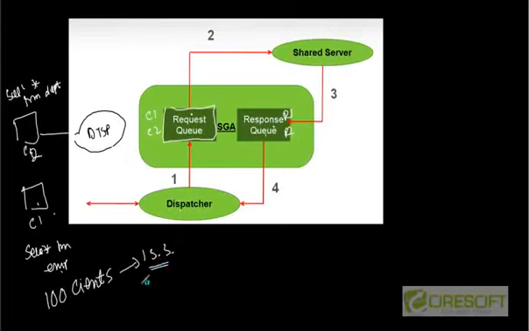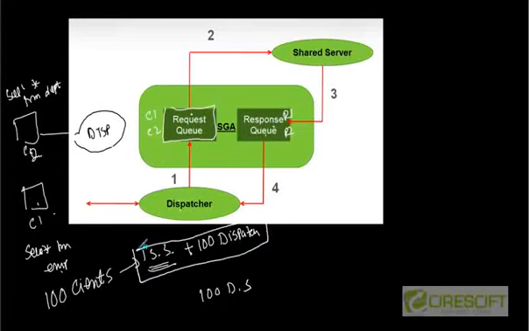What I'm saying is that had I run this in dedicated server mode, I would have 100 dedicated servers, and 100 dedicated servers is too much compared to just one shared server plus 100 dispatcher processes plus one data structure like a queue. So this trade-off is definitely much better compared to 100 dedicated server processes.